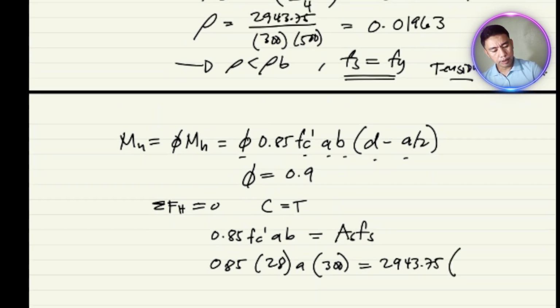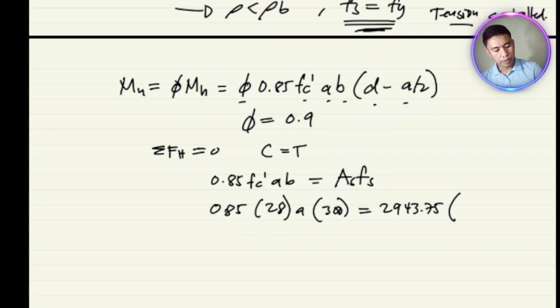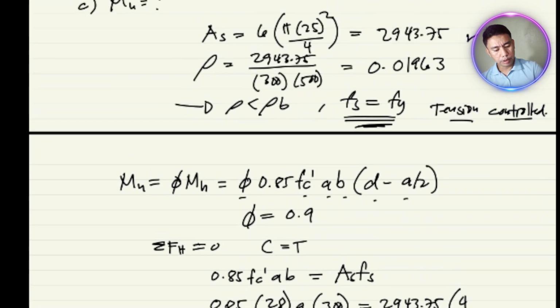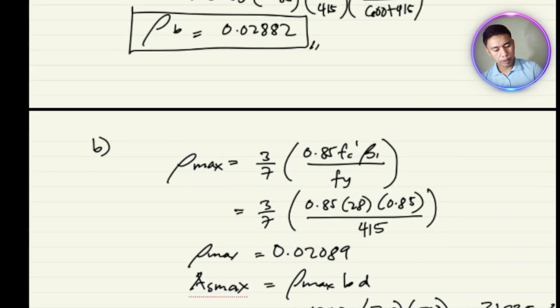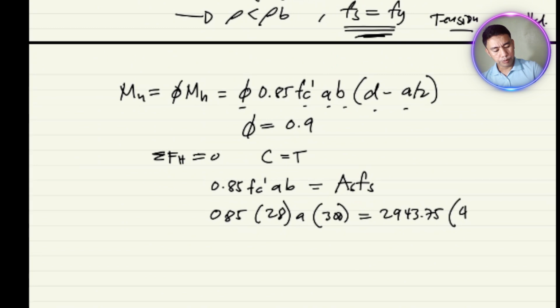Ang Fs natin here is equal to Fy. Okay? Kaya ang Fy natin is, forgot, sorry, 415. So this is 415. So from here, we can solve our a. So our a is 170.69 mm.